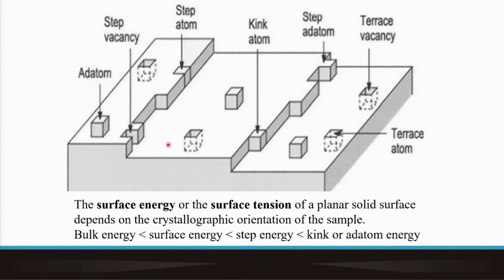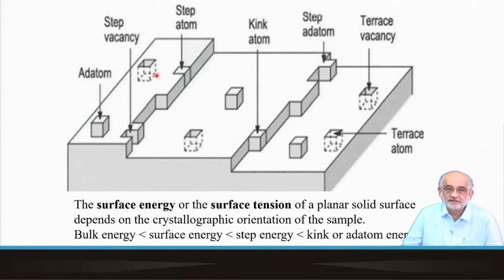Now, in general, it is known that if you want to place a single block on top of an available flat surface, this is the most unstable configuration, because for every such block, you are creating 5 new surfaces, which is a very difficult proposition, because then nature has to allow creation of new surfaces.